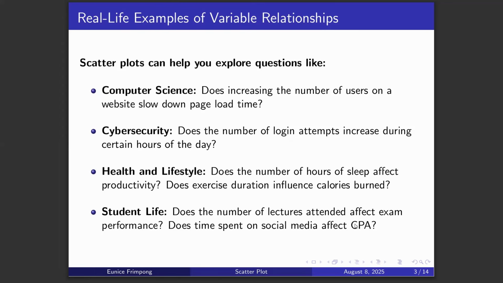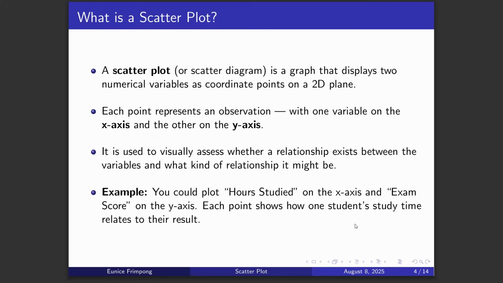The scatter plot can help us check if a relationship exists at all between these variables and what the relationship looks like. A scatter plot, or scatter diagram, is a graph that displays two numerical variables as coordinate points on a 2D plane. Each point represents an observation, with one variable on the x-axis and the other on the y-axis.